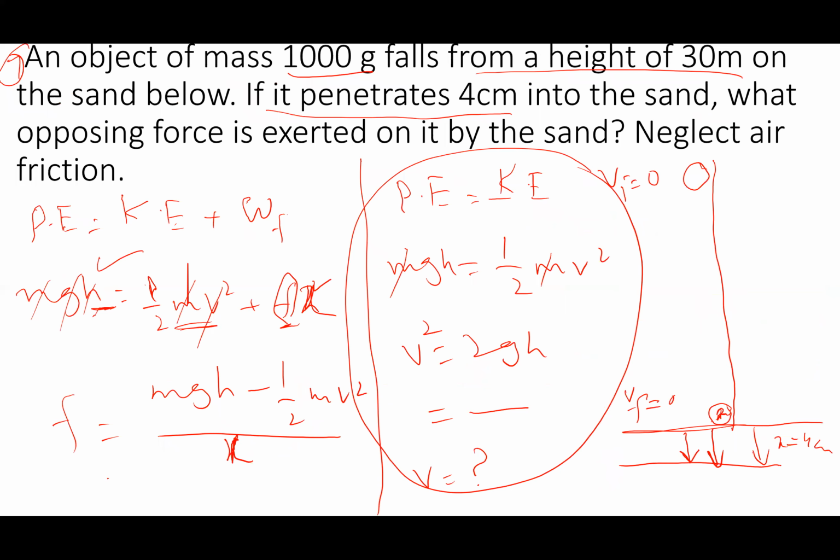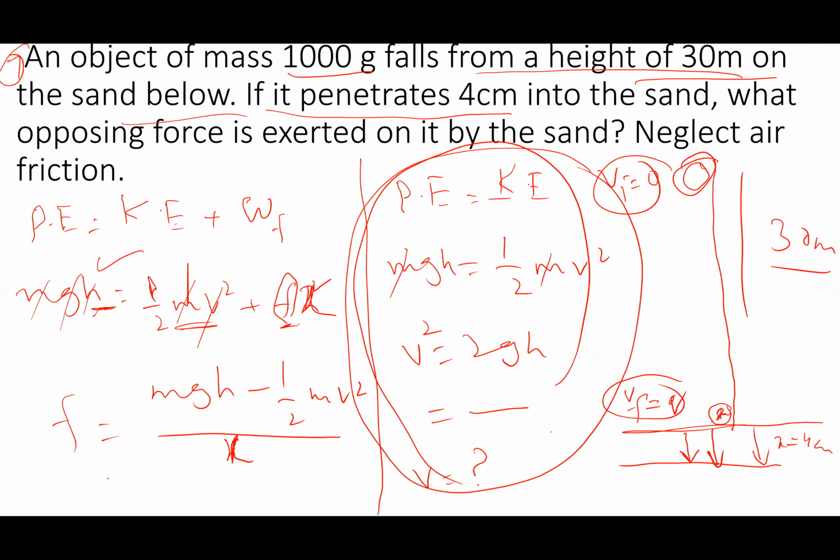An object of mass 1000 gram falls from a height of 30 meter. So here is the height: 30 meter. The initial velocity is zero, and we have to find the final velocity, which is V. First, you will find the height by using this equation.